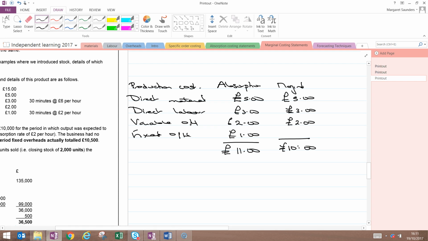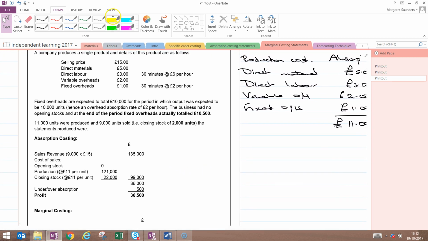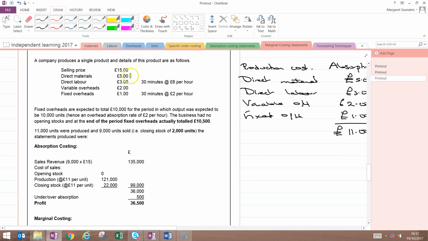So keeping those figures in mind, let's look at our two statements. So firstly, absorption costing. Now what we're told here is that 11,000 units were produced and 9,000 sold. Selling price is £15.